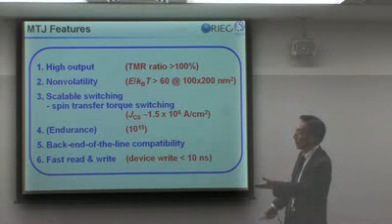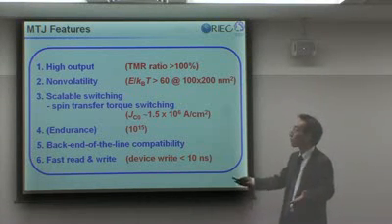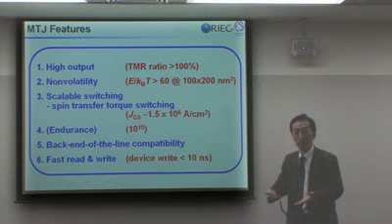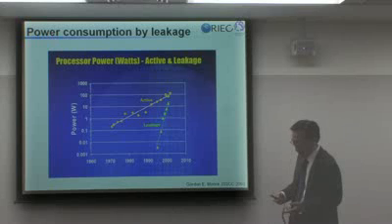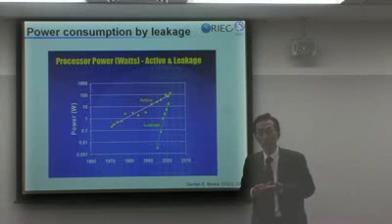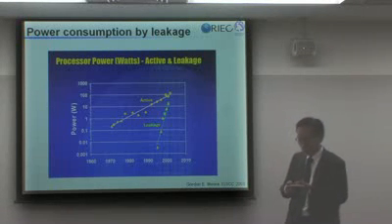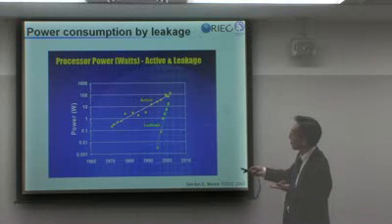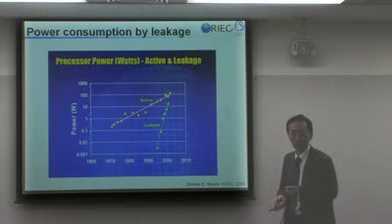So now we have this magnetic tunnel junction. Let me describe to you what we can do with this. There are two major challenges that integrated circuits are facing. For example, one of the challenges is processor power.